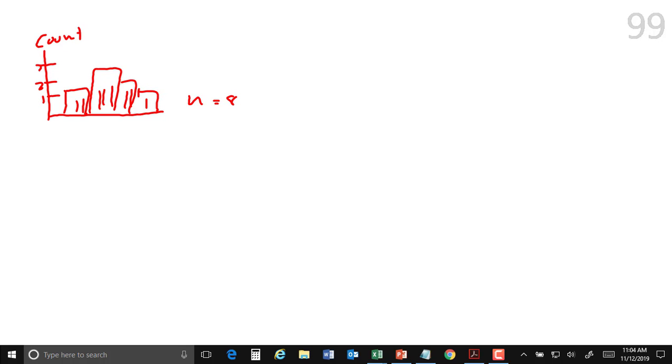And then we did a histogram, which is basically the same thing, except we take the tallies and divide by 8. So here we had 2/8, which is 1/4, and then 3/8, if you recall, and then 2/8 and 1/8.